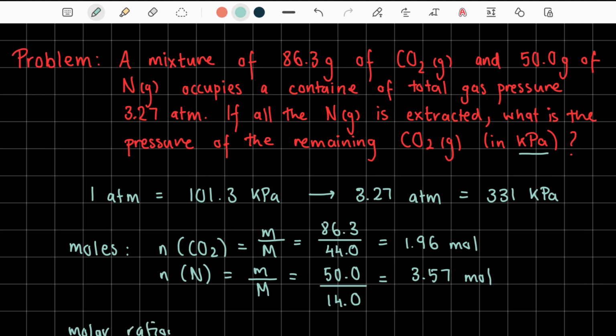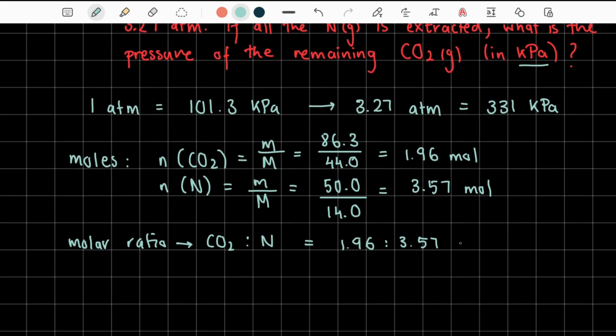So our molar ratio is just going to be for CO2 to N, 1.96 to 3.57. Okay, and we are saying that this is also our pressure ratio.